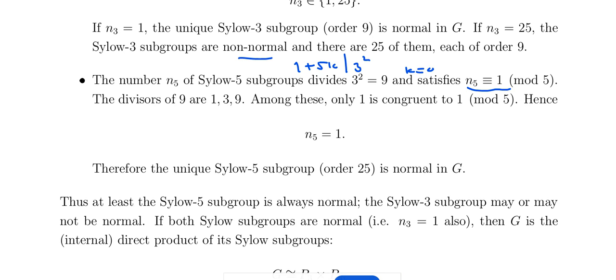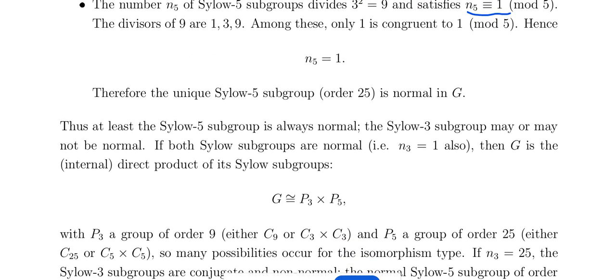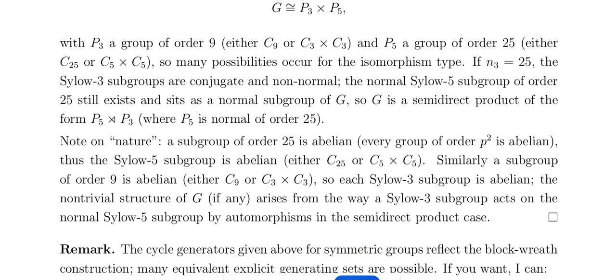Both Sylow subgroups are normal in the case of n3 equal to 1 also. So therefore G is the direct product of the Sylow subgroups, P3 cross P5. So that means this is not simple.